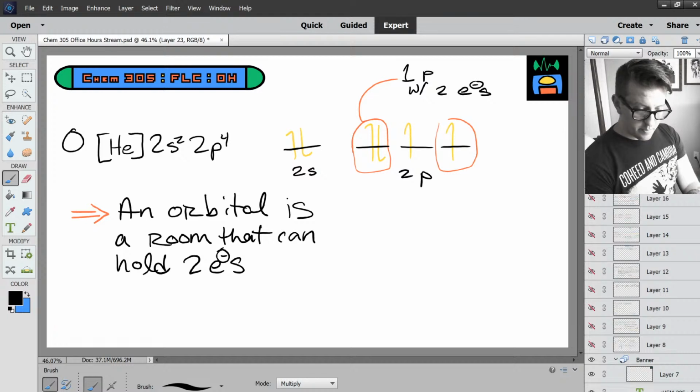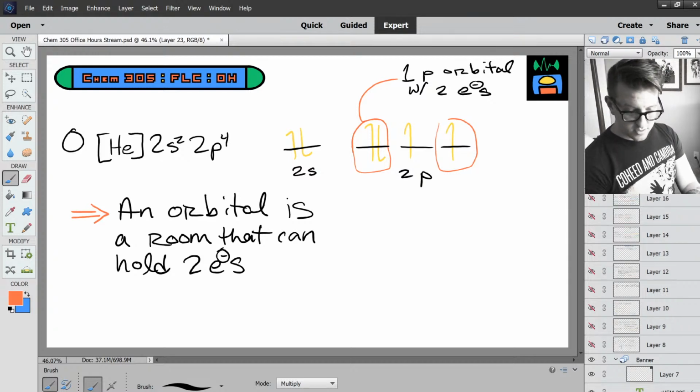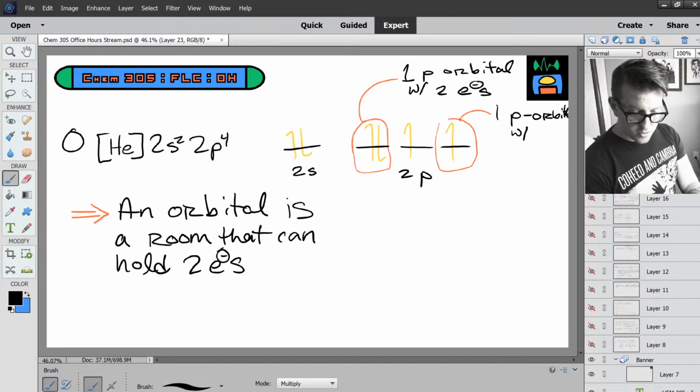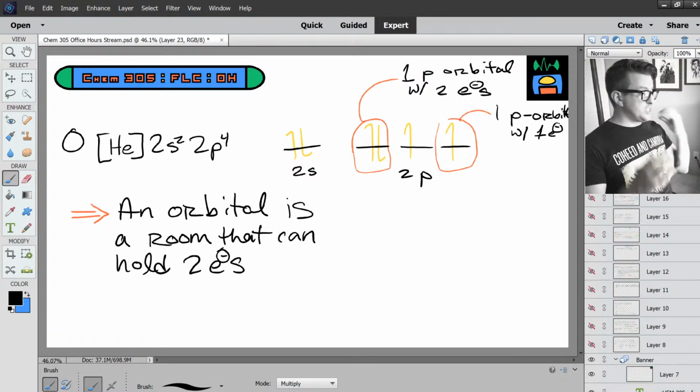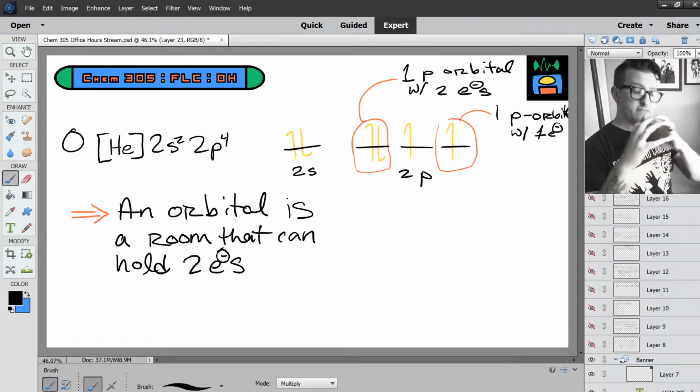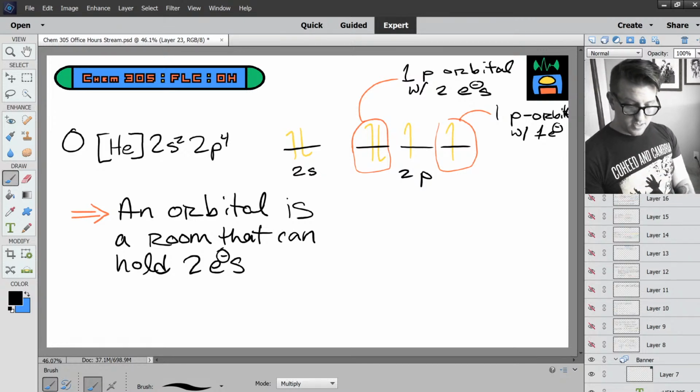This is one p orbital with 2 electrons. This is one p orbital with 1 electron. All right, so an orbital is just a 2-electron house. It's a blob that can fit 2 electrons inside of it.